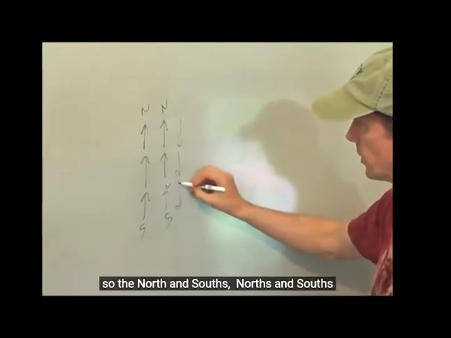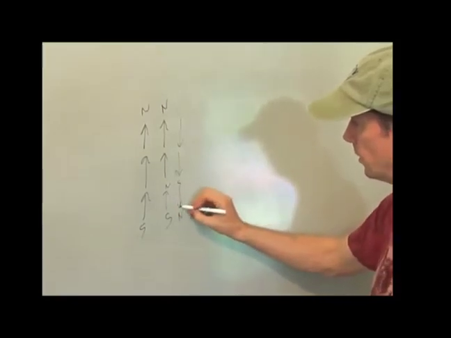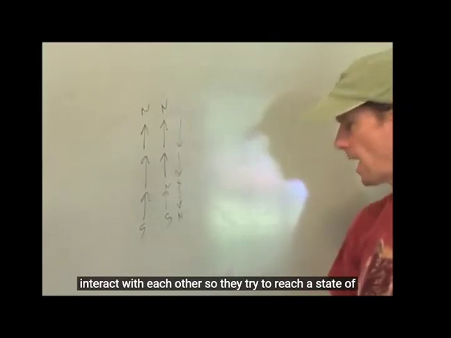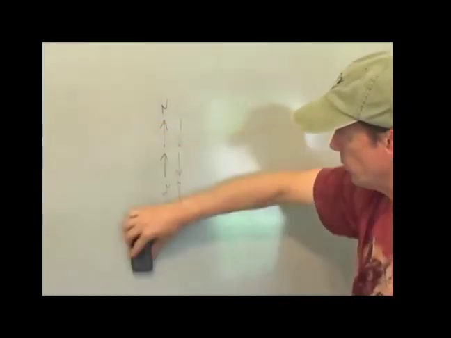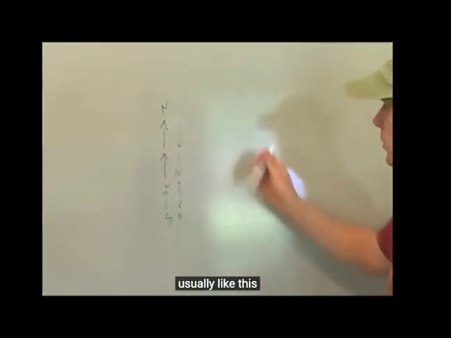So the north and south tend to interact with each other, so they try to reach a state of lowest potential energy level, usually like this.